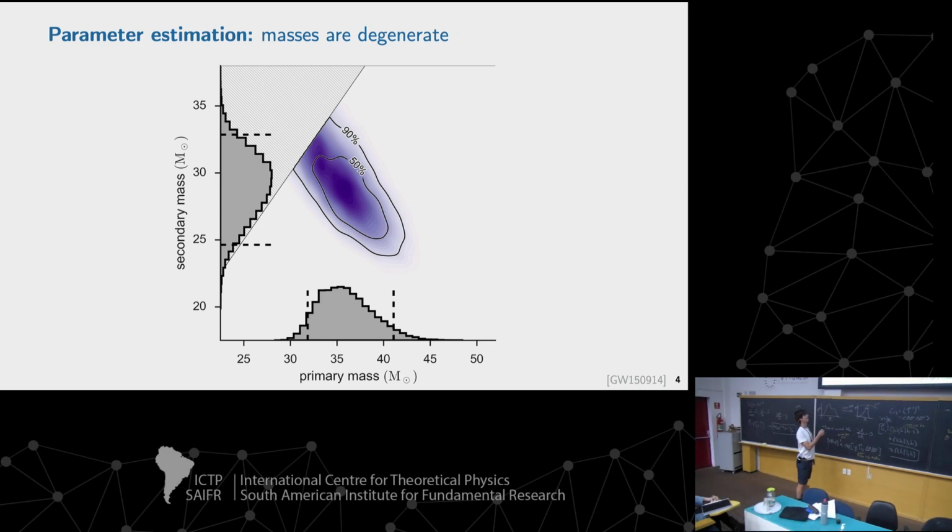When you look at the data, this is again for the first event, these are the masses that we infer for the primary mass and the secondary mass. The chirp mass is this direction which is perpendicular here. So the direction that you best constrain is essentially the chirp mass, and the other one is essentially the mass ratio. But parameters can be correlated with each other.